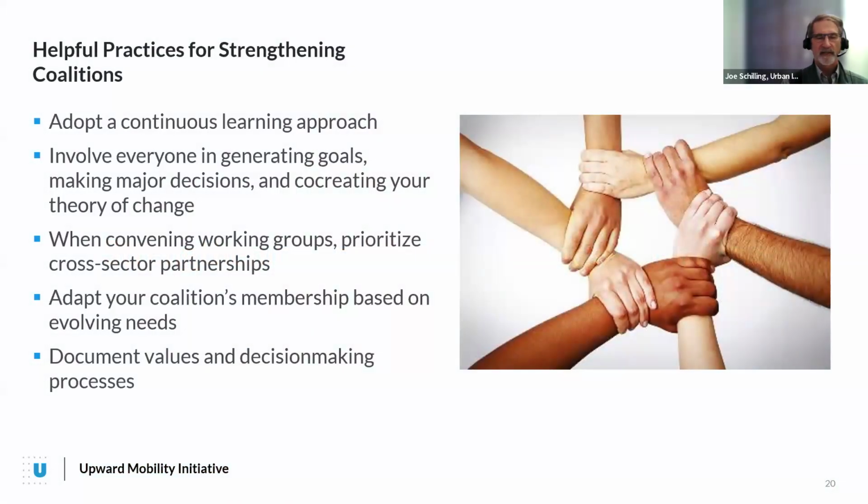So, what are some helpful tips for maintaining that momentum, strengthening your coalition? One is just adopting a philosophy, really an approach of continuous learning. Since this is a dynamic environment, think about regularly asking your coalition members to reflect: what's working? Where can we improve?